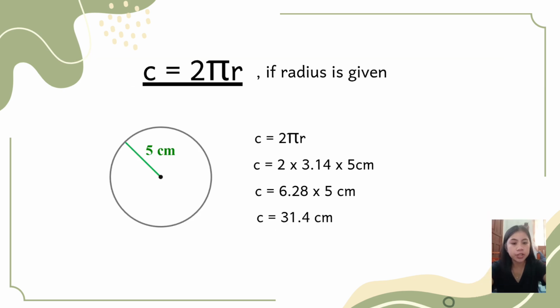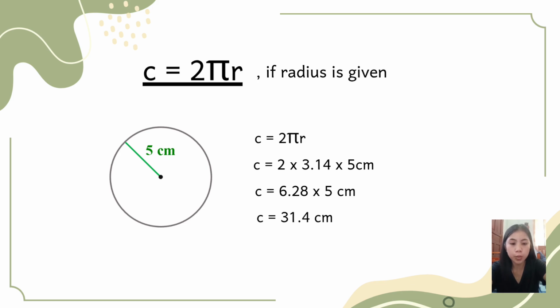And if the radius is given, we are going to use the formula circumference equals 2, which is the half of the circle, times pi times radius. For example, the radius of a circle is 5 centimeters. So circumference equals 2 times 3.14 times 5 centimeters.